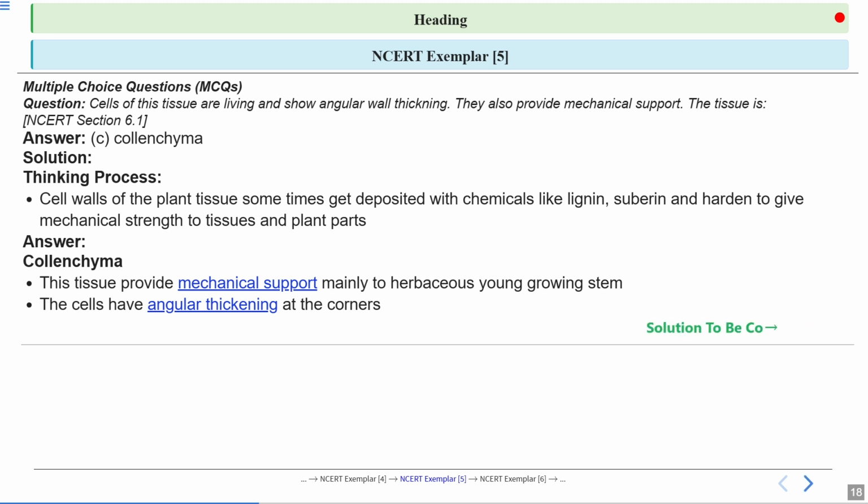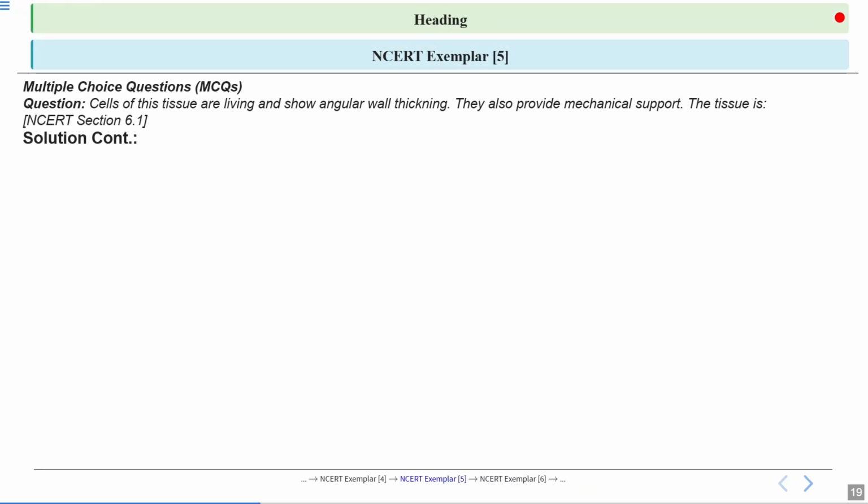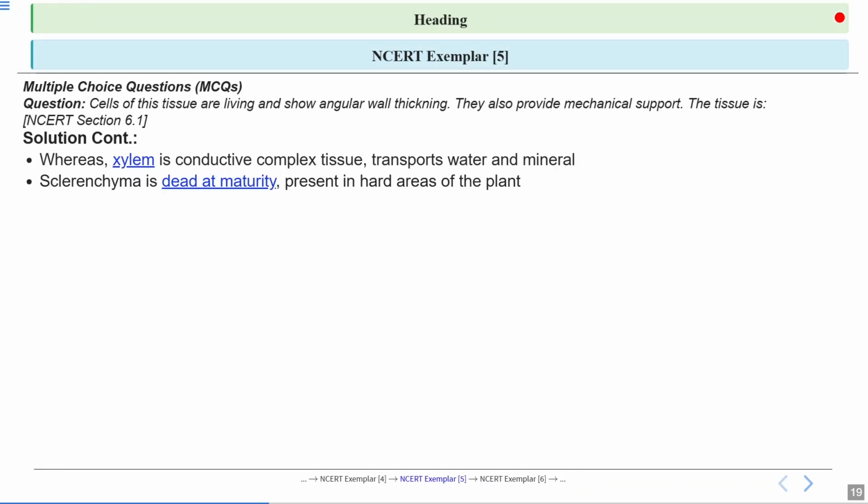How does this thickening come? In xylem, the thickening comes due to the deposition of lignin substances. Now, xylem is the conductive complex tissue that transports water and minerals.